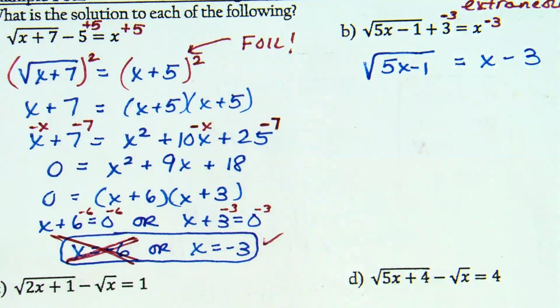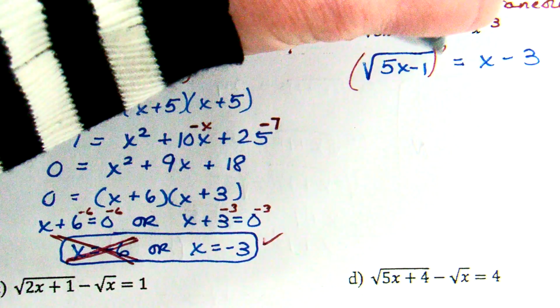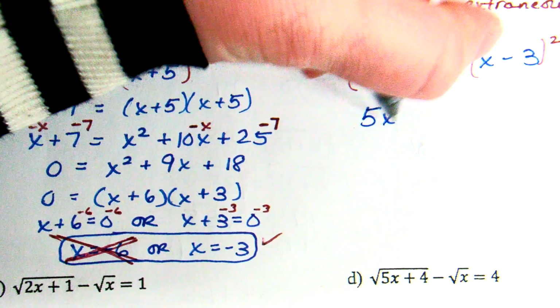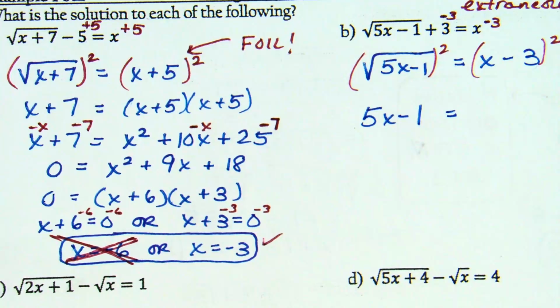Once you have that radical by itself, square it. What is the square root of 5x minus 1 squared? 5x minus 1. X minus 3 quantity squared. You don't have to write it out.